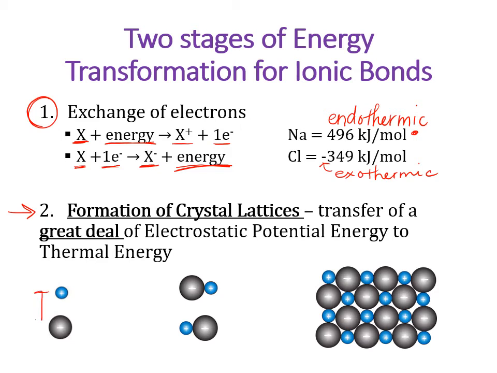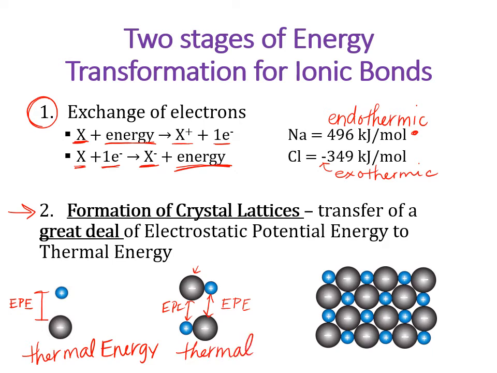First, remember we have this EPE here, electrostatic potential energy, and when it comes together, it releases thermal energy because that potential has to go somewhere, and then it forms NaCls that look kind of like this. But then you have another source of electrostatic potential energy. So more thermal energy is released when these come together.